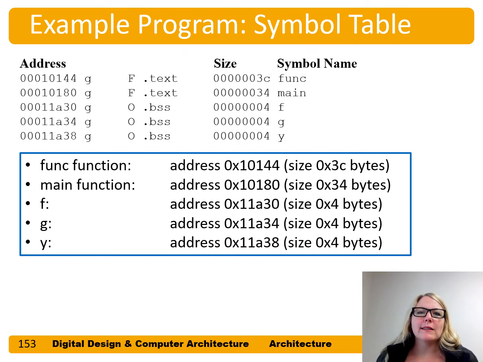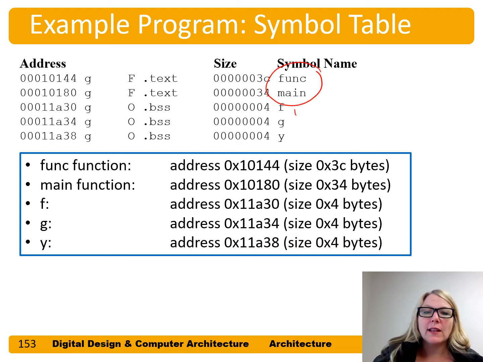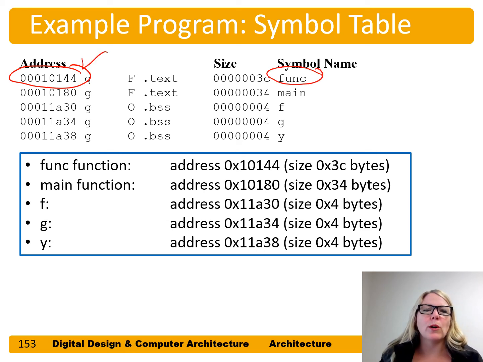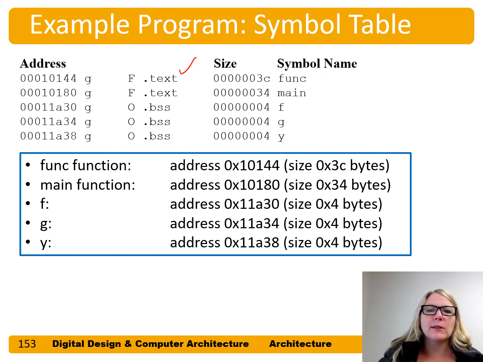Each program also has a symbol table, and the symbol table indicates the symbols, and symbols are labels and variable names. For example, func starts at address hex 10144, and it's part of the text segment, and its size is hex 3C bytes.